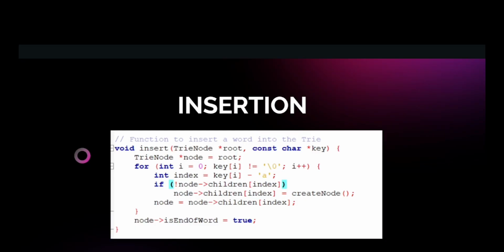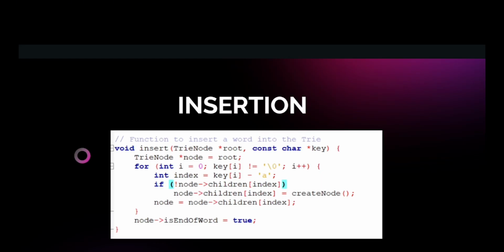As an example, 'a' minus 'a' equals 0, that's the index for A. 'b' minus 'a' equals 1, that's the index for B. And 'z' minus 'a' equals 25, that's the index for Z, since that's the last letter of the alphabet.